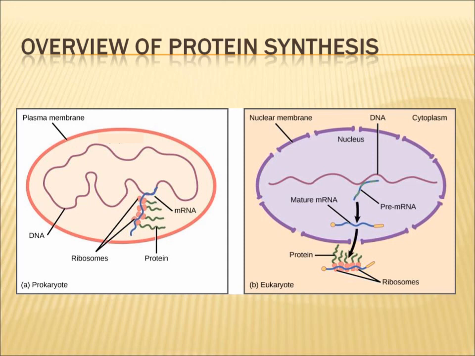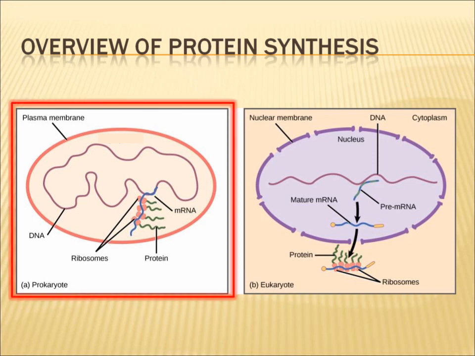Protein synthesis consists of transcription, in which an RNA copy is made of a gene in the DNA, and translation, in which ribosomes and transfer RNAs decipher the messenger RNA code and synthesize a protein. The RNA transcribed in prokaryotic cells has no introns, so it doesn't have to be processed.